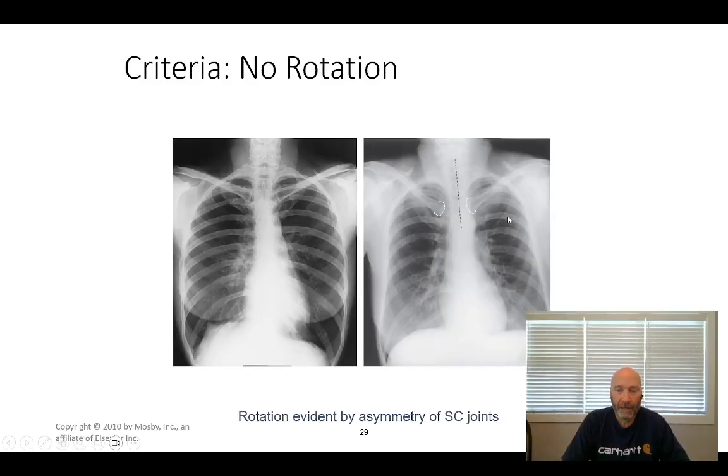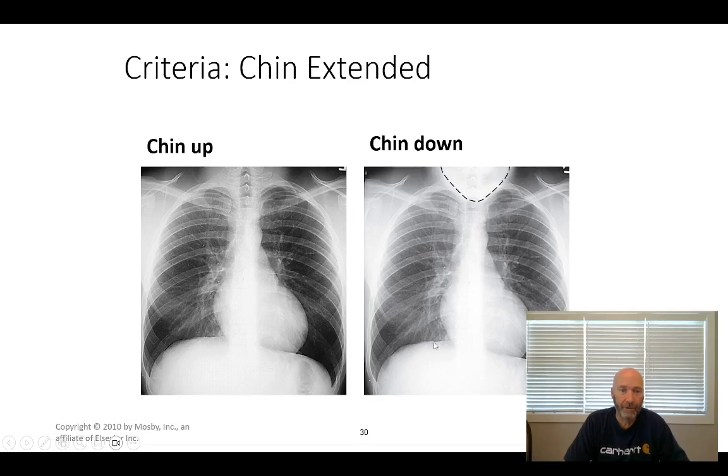So we don't want to see rotation. We've got a slight amount of rotation. We're going to look at something a little bit more dramatic here, but again, for rotation, we're going to evaluate the ends of the clavicles and where they appear to be in relationship to the spine. In this case, the patient's chin is tucked.